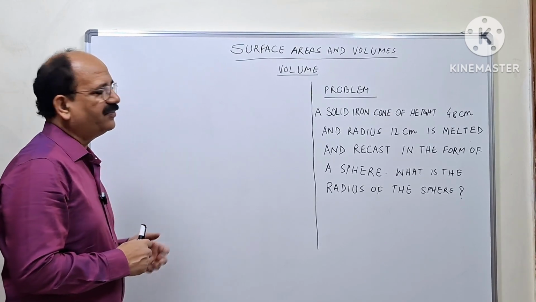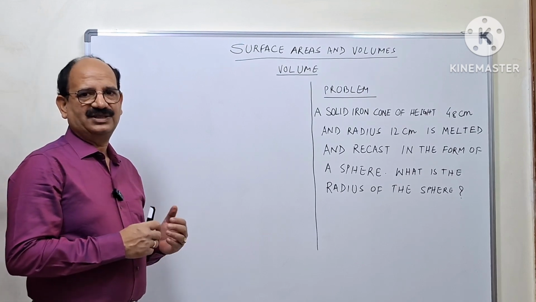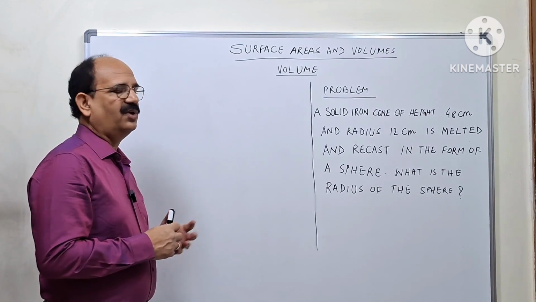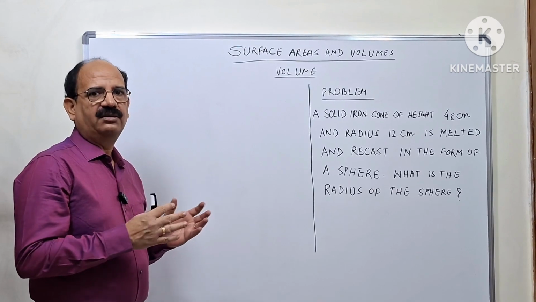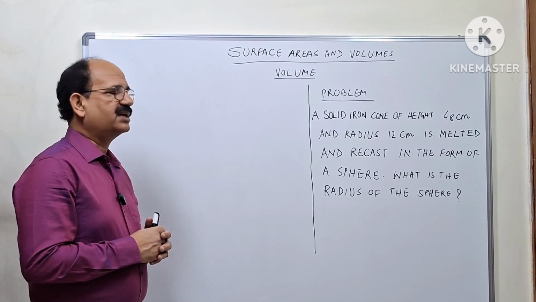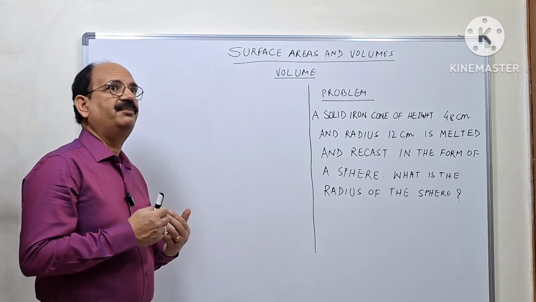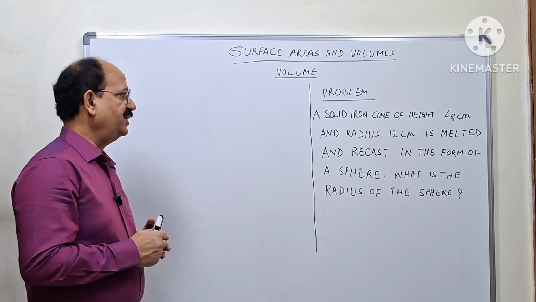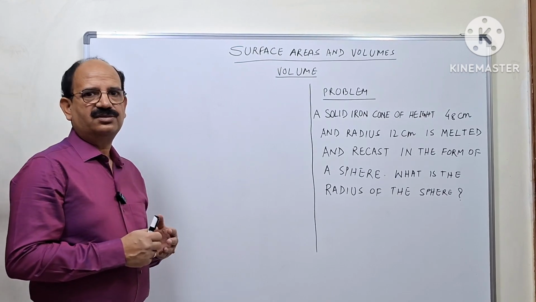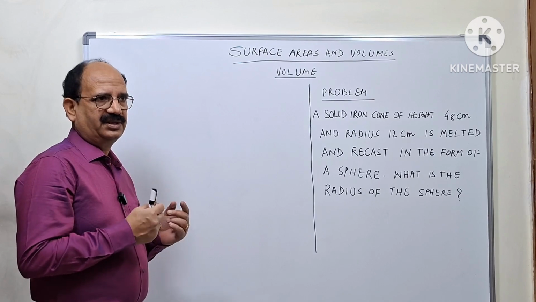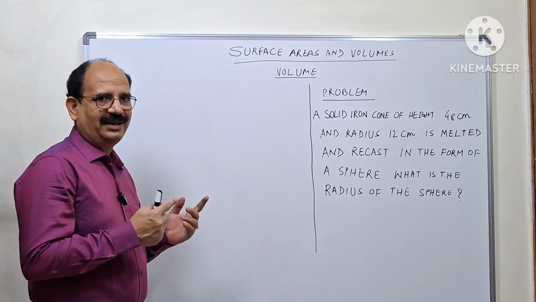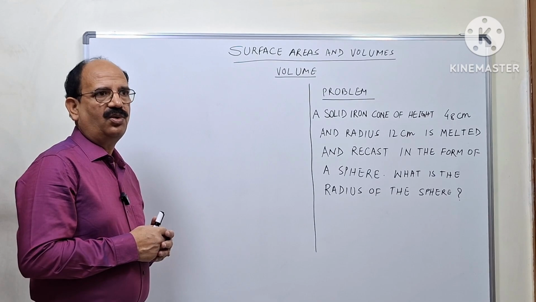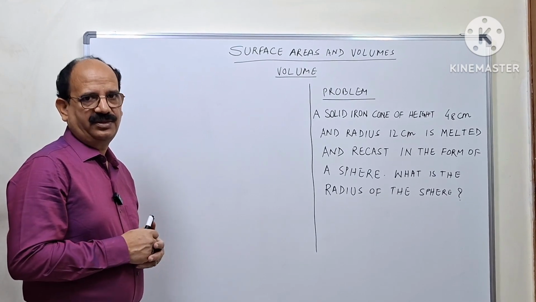When I was talking about volumes, I had explained that if it is a solid object, then you can consider the volume as the volume of the material used in forming that object. And also I had talked about that you can consider volume in terms of the container, which can hold what amount of liquid.